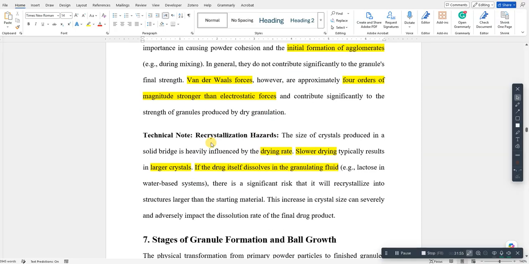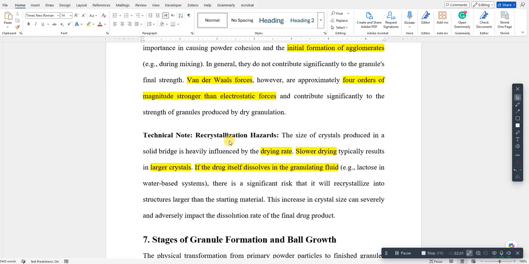It's very important that when you add the binder solution to note the following: if any material in your formulation dissolves in the liquid you are adding for wet granulation, especially the active pharmaceutical ingredient, we call it API, and then you dry the granulation, drying will cause recrystallization, you know that.